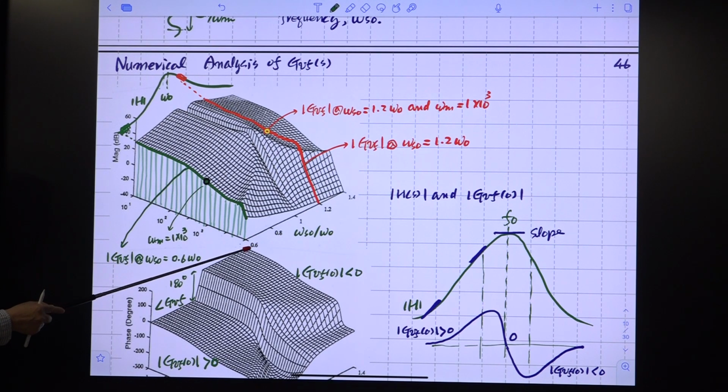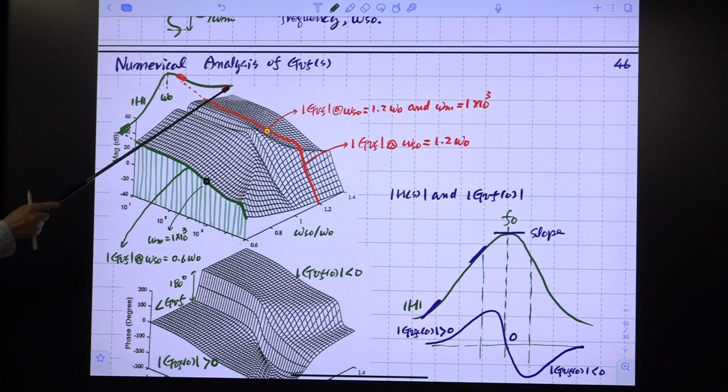You determine the switching ratio between the switching frequency and the resonant frequency is 0.6. Then you take a look at this curve. Then the modulation frequency is this one. Then this is the value. So this is the magnitude of that frequency to output transfer function, and the phase is somewhere here, right?